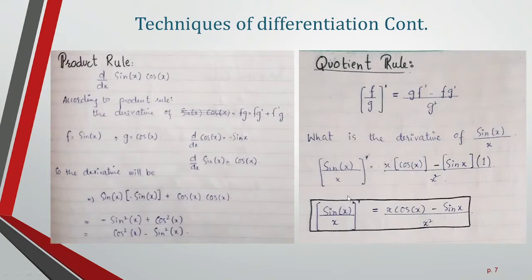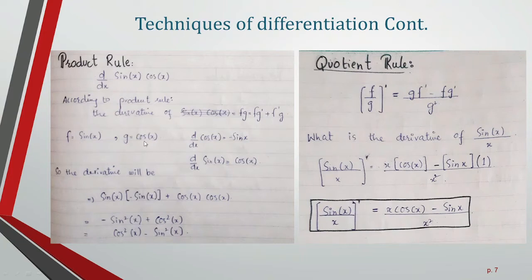Now the product rule. What is the derivative of sin x into cos x? According to the product rule, the derivative of f into g will be f into the derivative of g plus the derivative of f into g. Here sin x is f and cos x is g.